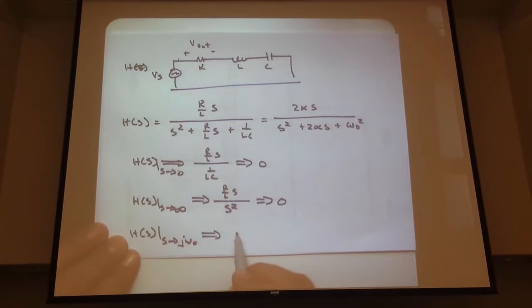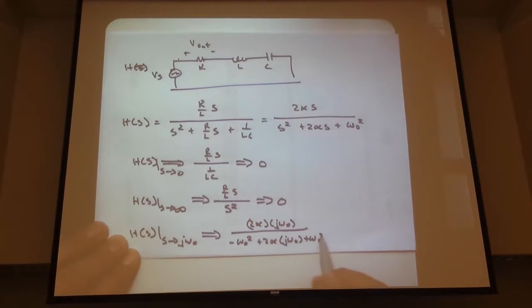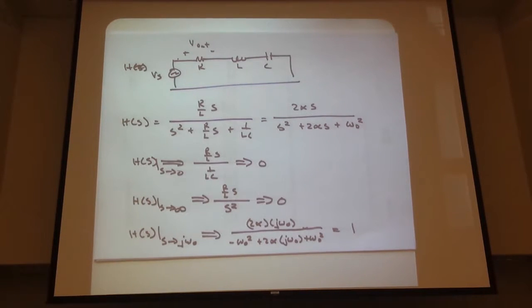So this guy winds up being 2 alpha J omega naught over minus omega naught squared plus 2 alpha J omega naught plus omega naught squared. And in my world, those two add to 0. Everything cancels, and you get 1 at the resonant frequency.